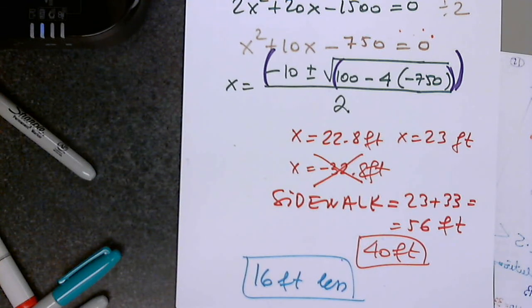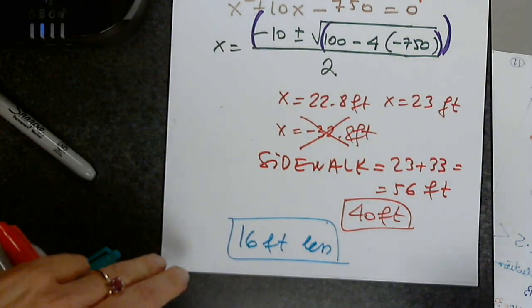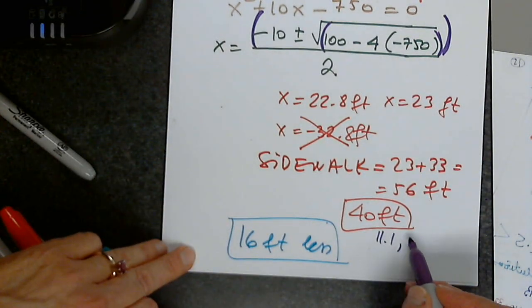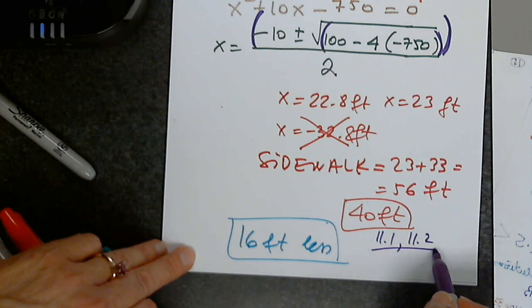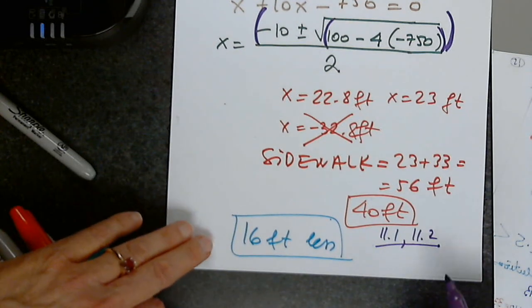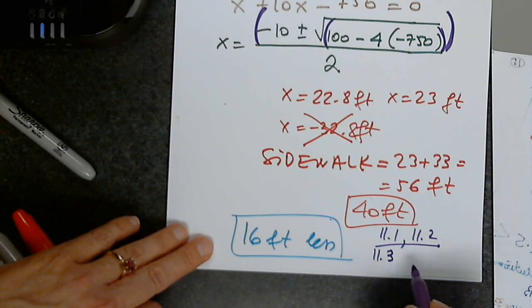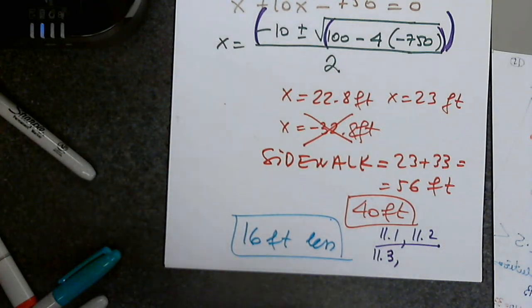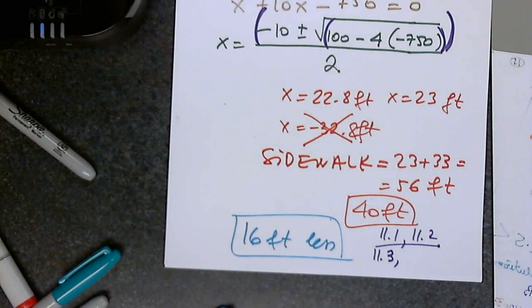Okay, I have 8:12. Any questions? So let me just in 1 minute tell you what's happening next. So 11.1 and 11.2 are done. What is left? 11.3, which deals with solving equations.